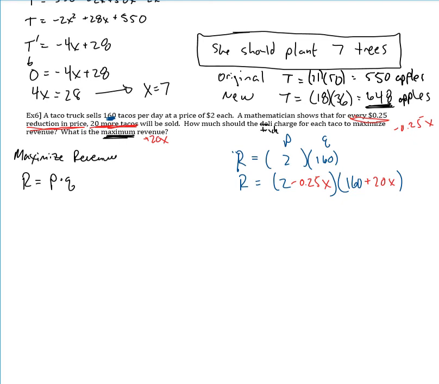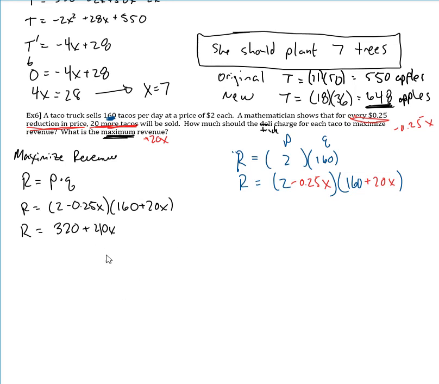Now I can start to work with it. So back to the black ink, I've got my revenue is this expression, 2 minus 0.25x times 160 plus 20x. And then we'll FOIL it to make it easier. So we'll have 320 and then plus 40x.